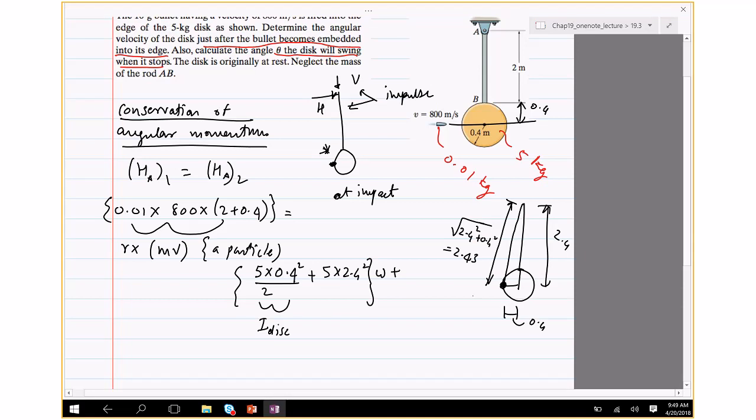It matters in the inertia. Let me write it here. So 0.01 times 2.43 squared times omega, md squared, the inertia of the bullet. Does that answer your question?